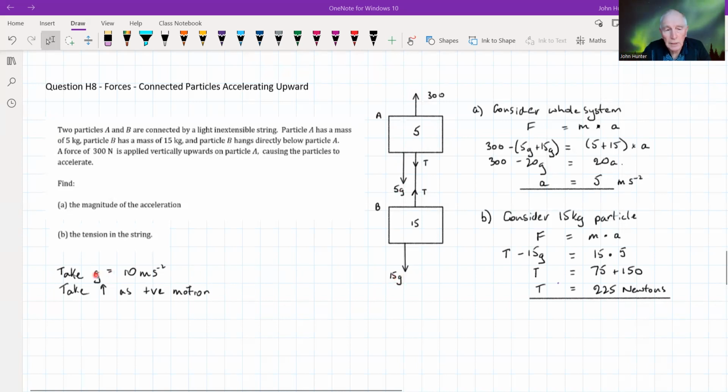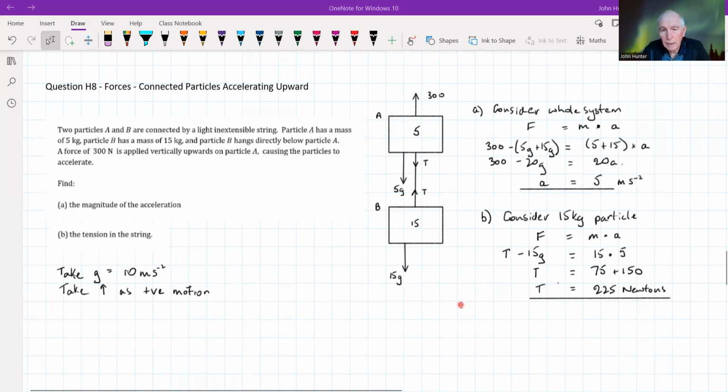In this example, I'm taking g as 10 meters per second squared. Then we've got the 300 newtons being applied vertically upwards on particle A. Right, so there's our diagram. I think it's pretty clear how all the forces are nicely marked on, so we've got a fairly good representation of what's happening.